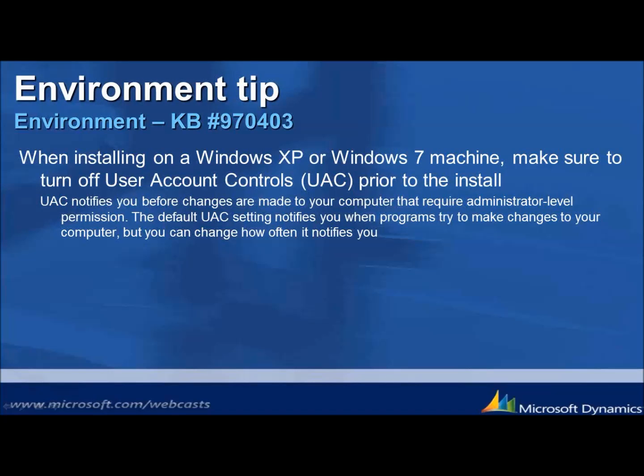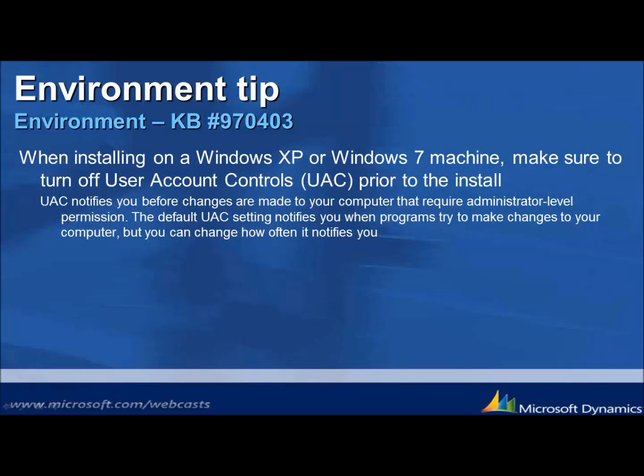All right, an environment tip here, folks. When you're installing on Windows XP or Windows 7, and I believe Windows 8 as well, you want to make sure that User Account Control is turned off before you install. If you don't do that, the setup process isn't going to be able to register the DLLs it needs to register, and it's not going to work.